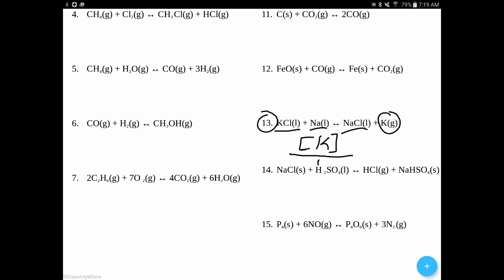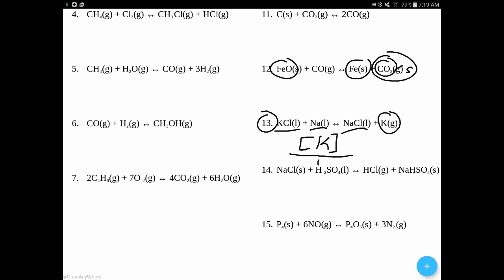And that is everything. Oh, actually, one more thing that I wanted to say in here. If you had something where you had only liquids and solids on the product side, and you had a gas on the reactant side, so for example, let's pretend that this one here, the CO2, is a solid. Okay, so we would ignore Fe and CO2.